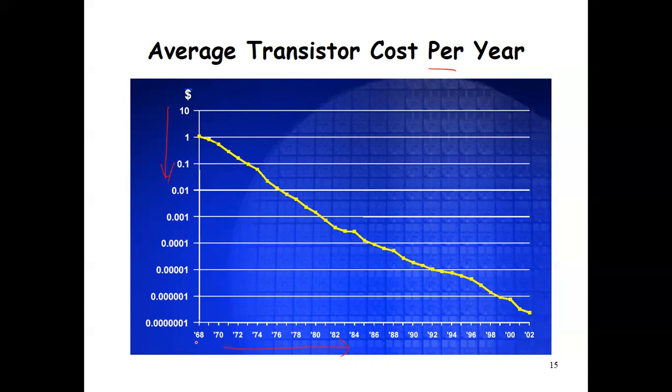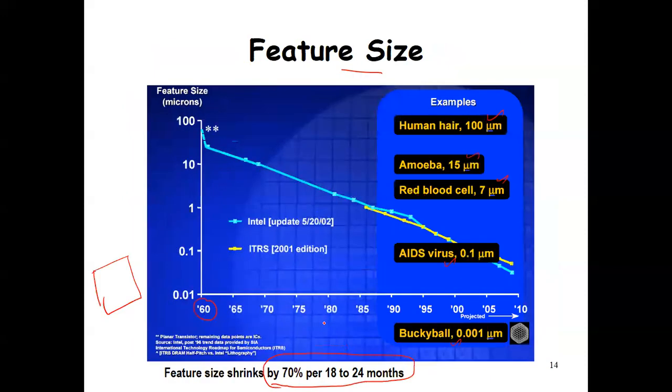The Y-axis represents the feature size, and the X-axis represents the year: 1960, 1965, and so on. In 1960, the feature size is close to 100 nanometer. But in the 1970s, it is close to 10 nanometer. In the 1980s, it is close to 1 nanometer. Like that, it is decreasing.